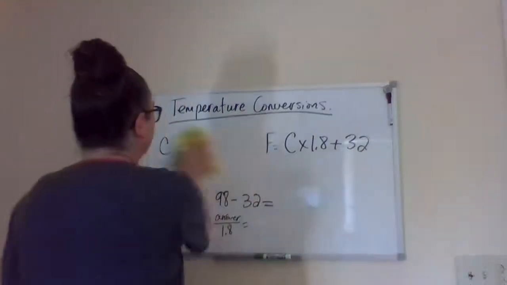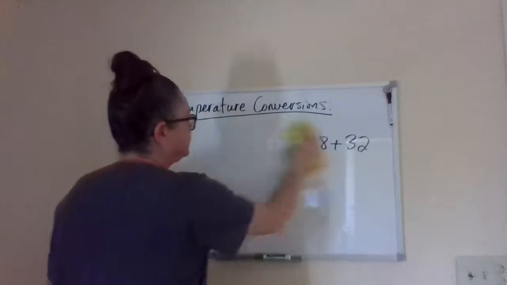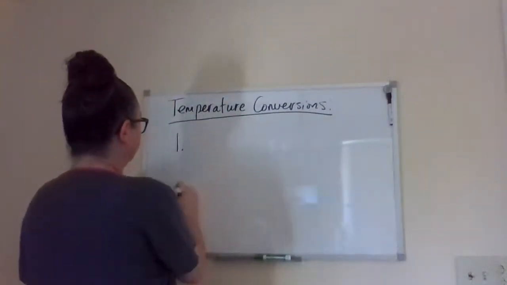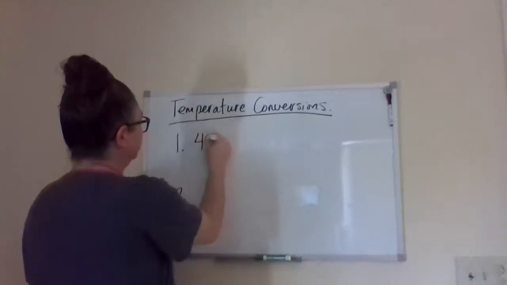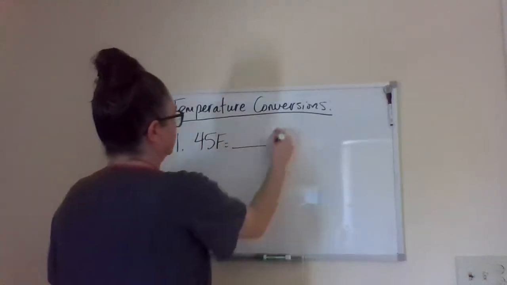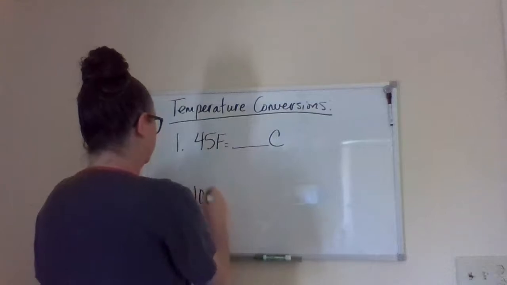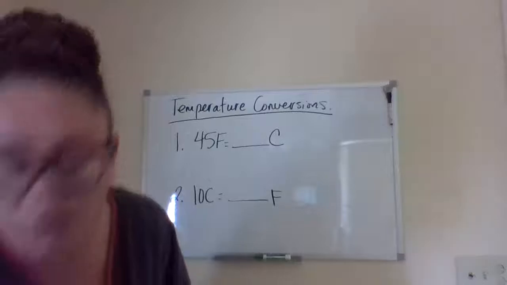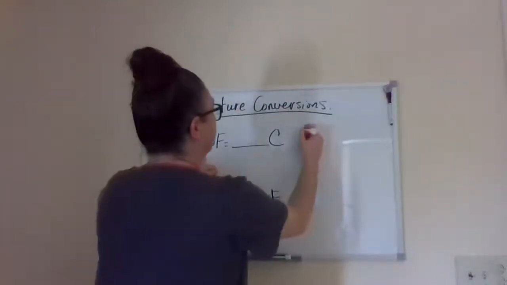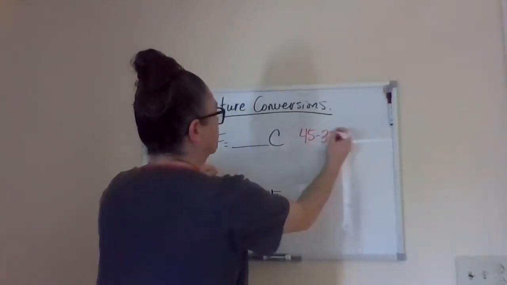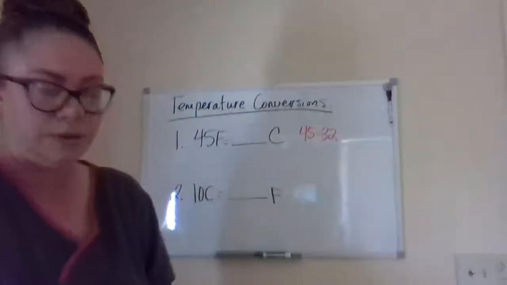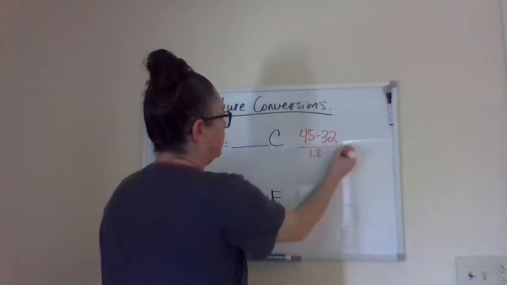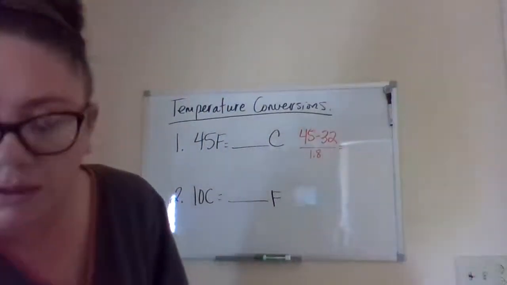Okay, so we'll do a couple of examples here. The first one, you're going to take 45 minus 32, and then divide that by 1.8.